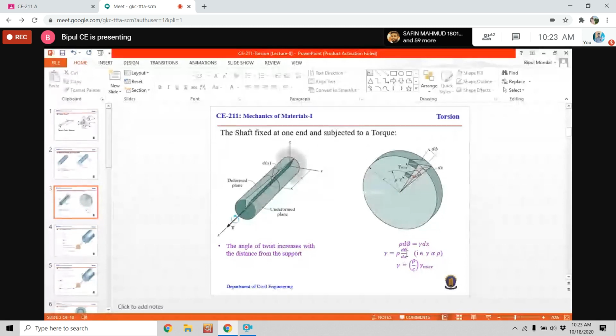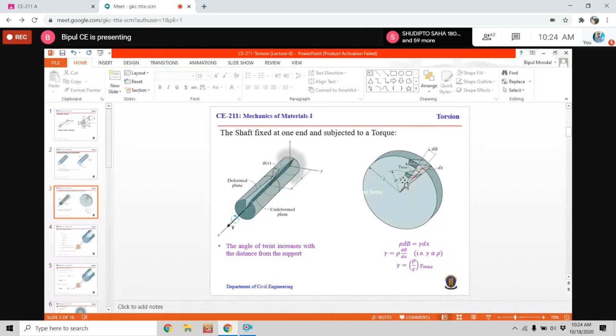D phi by dx is constant because if we go along this line, that means if we increase or decrease the value of rho, the angle of twist will remain unchanged.